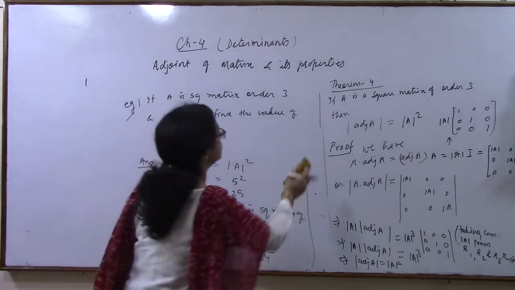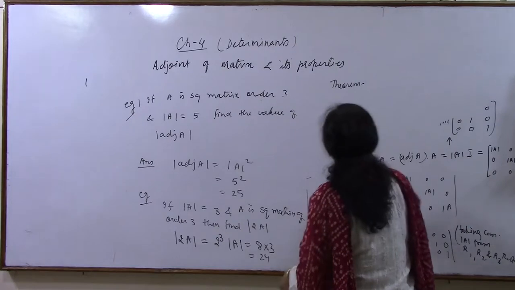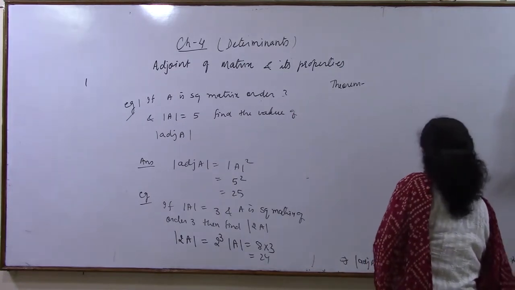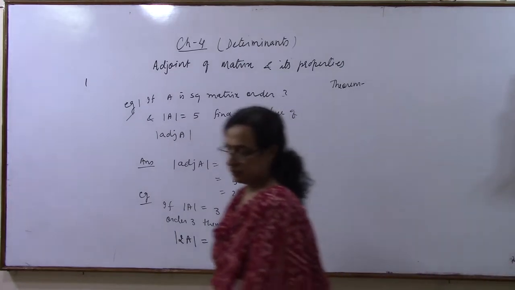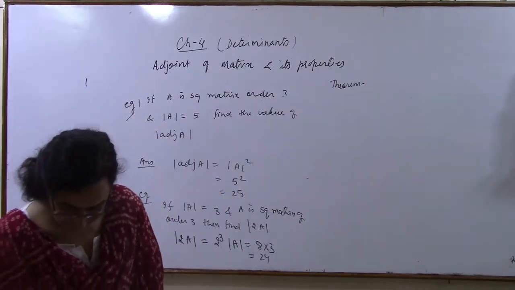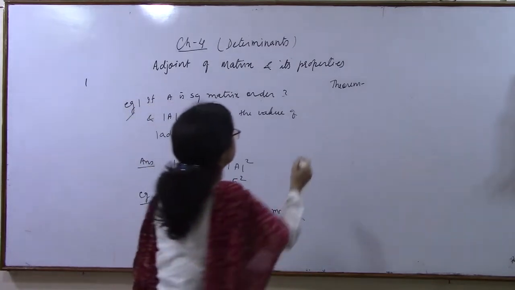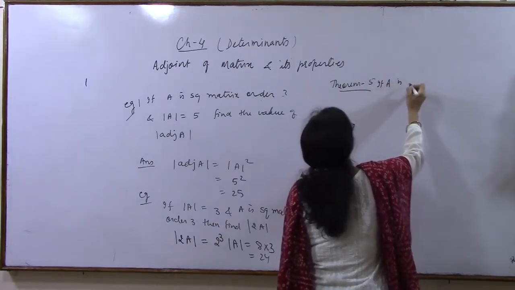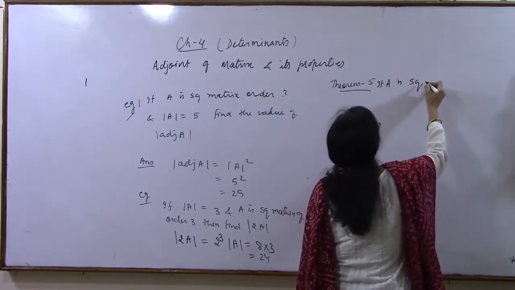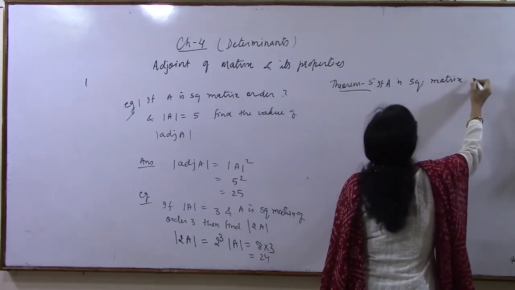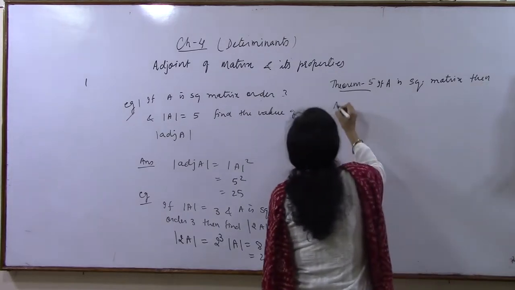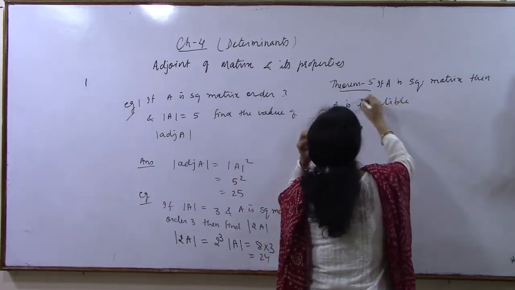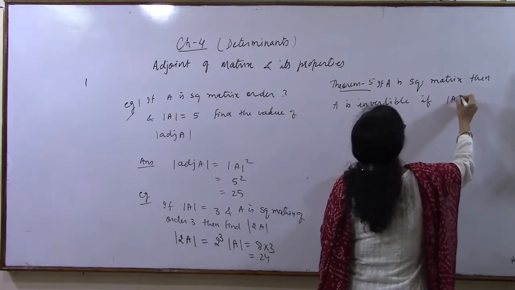Last theorem. If A is a square matrix, then A is invertible if determinant A is not equal to 0.